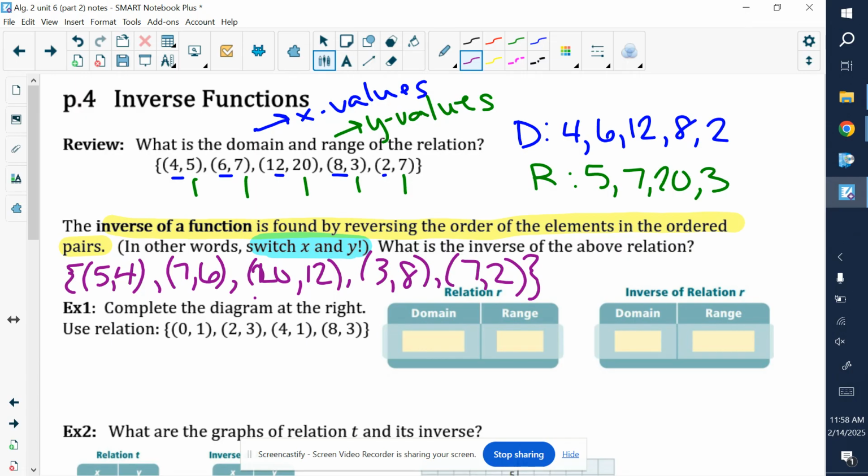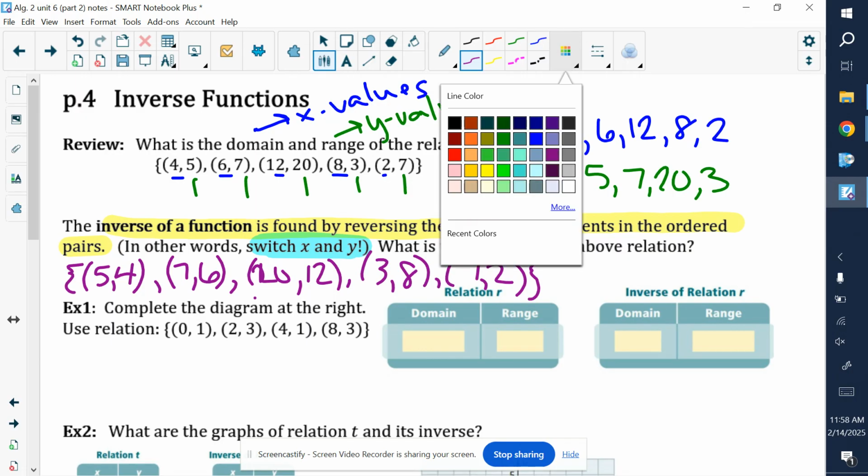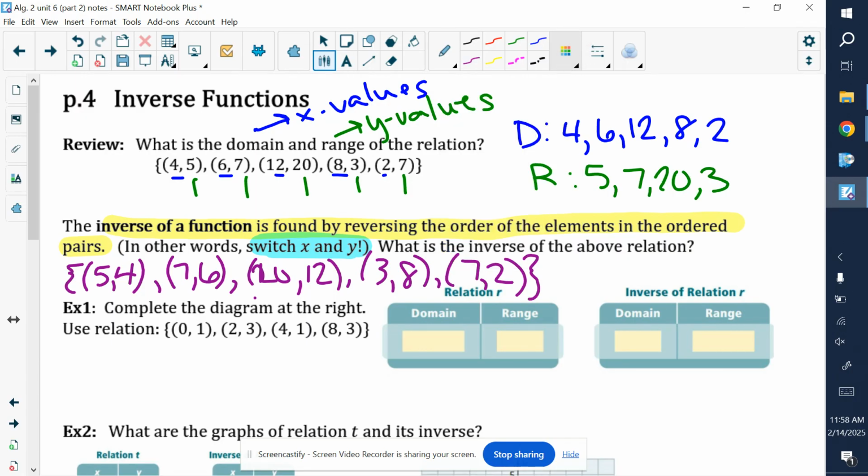Example 1. Let's complete the diagram at the right using this relation. So as I look at that relation, my domain is my set of x values: 0, 2, 4, and 8. My range is my list of y values: 1, 3.